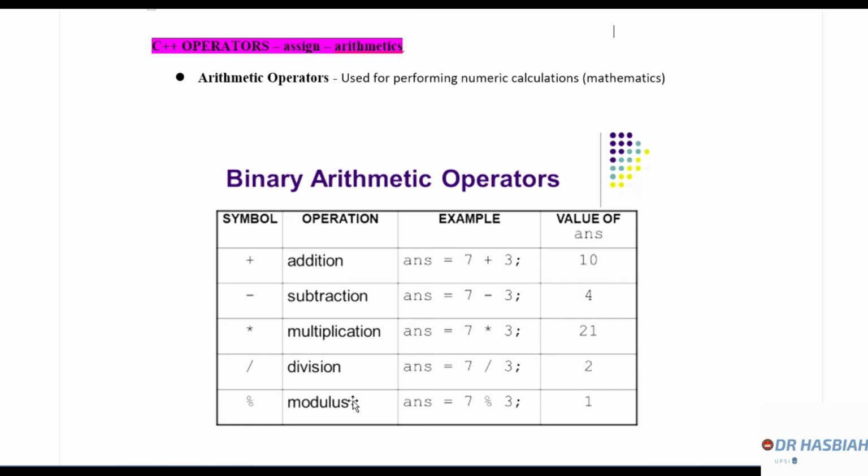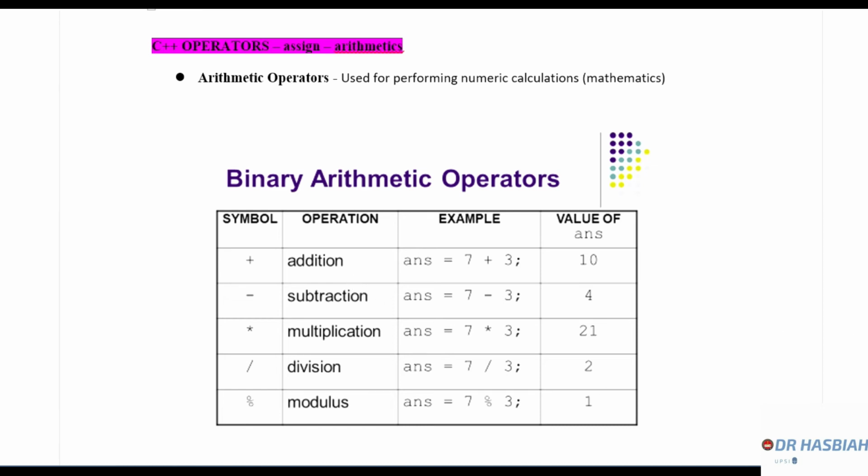So modulus gives the balance of that calculation, but division gives the quotient. 2 times 3 is 6, and the balance is 1, so 7 modulus 3 gives 1. These are the arithmetic operators that we have in C++, and we will use all of them when we want to do calculations.